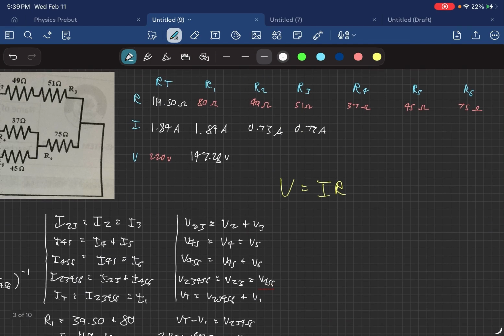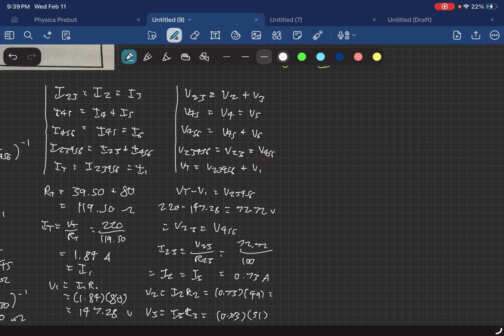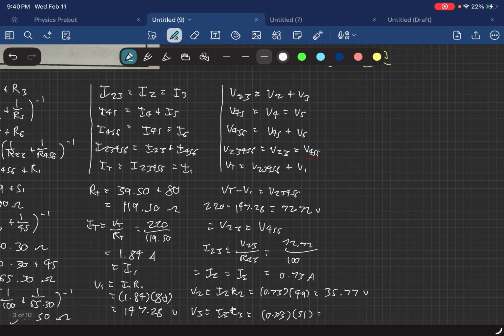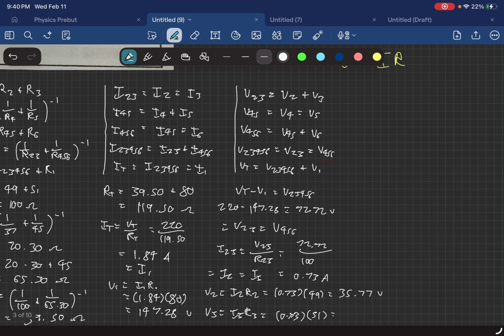What is our R3? It's 51. Let's solve for them. 49 times 0.73 will give you 35.77 volts. And then for our V3, that will give you 37.23 volts.